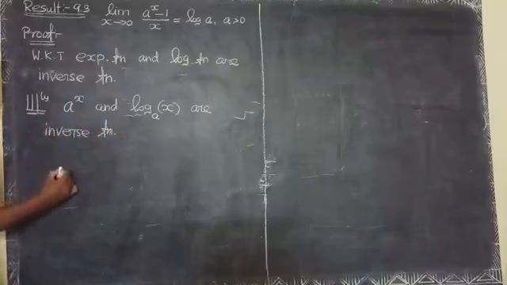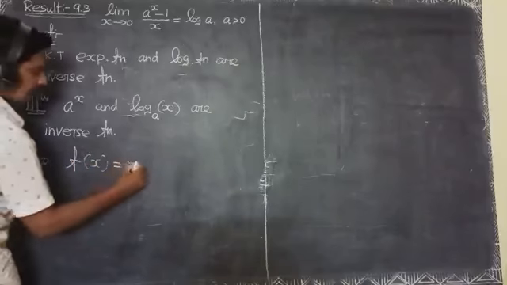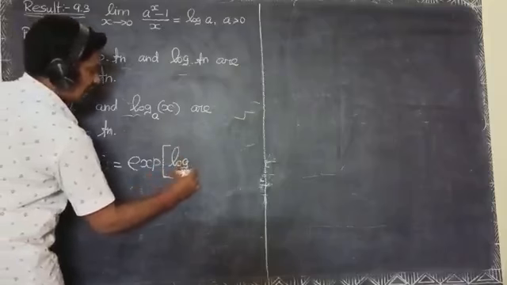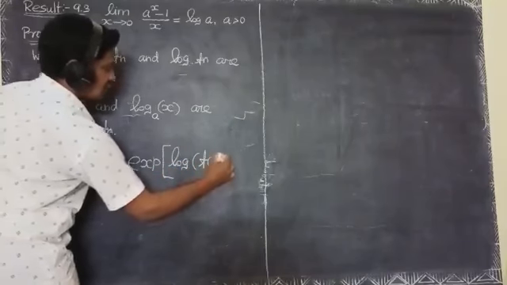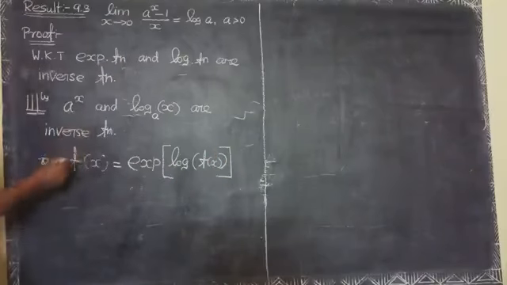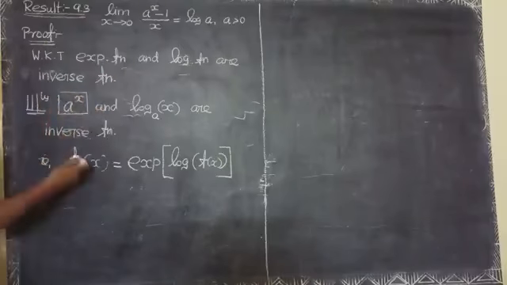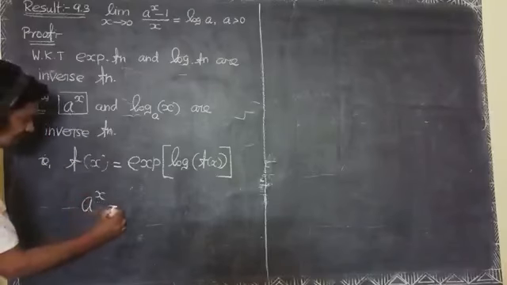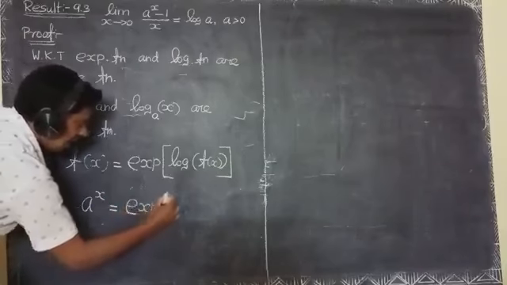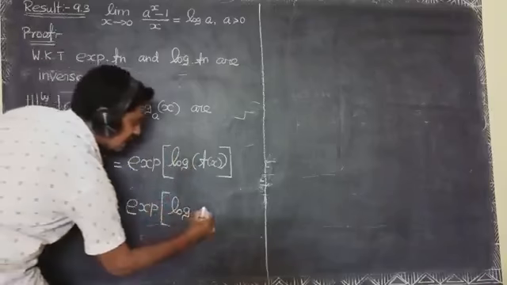That is, f of x can be written as exponential of log of f of x, isn't it? Here a^x is the function. Here a^x can be written as exponential of log of f of x, which is a^x.